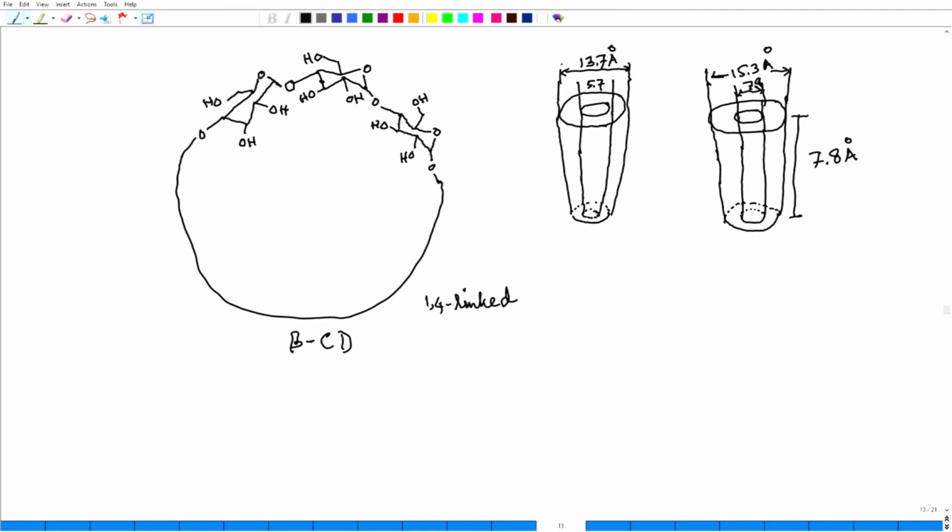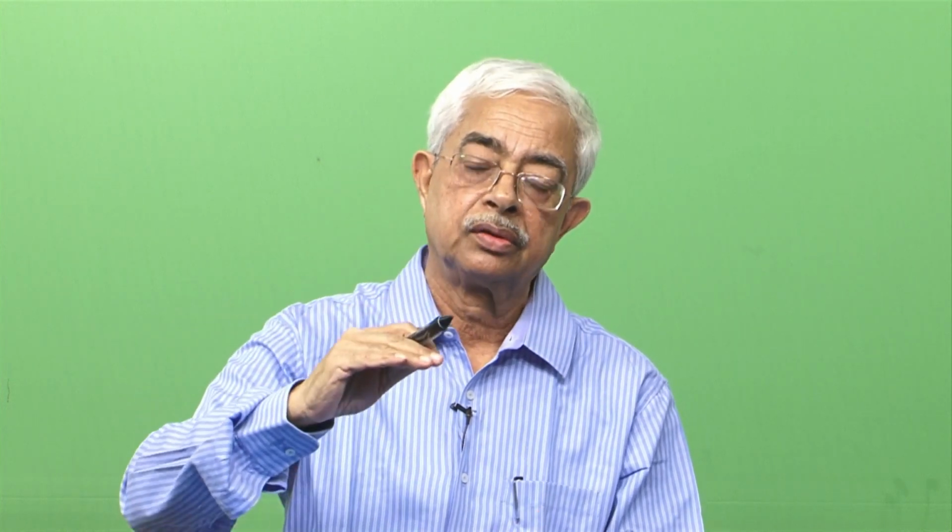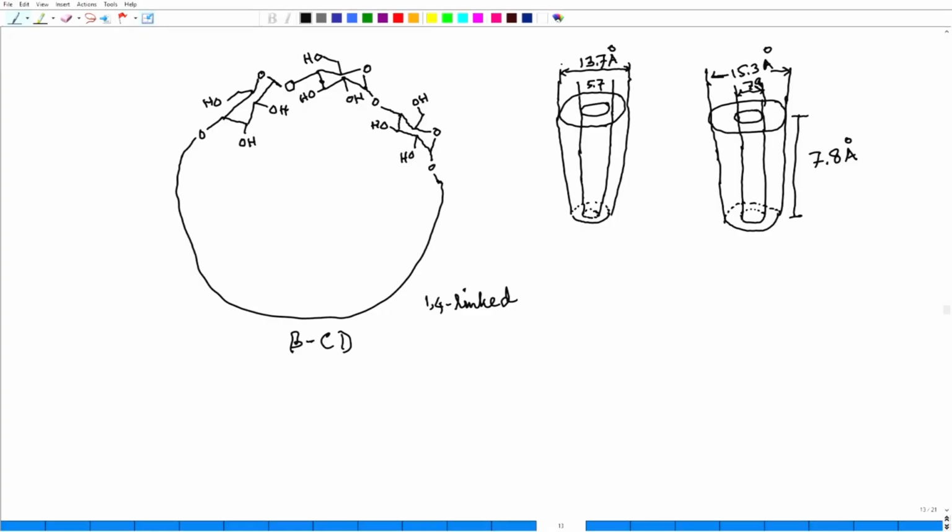Okay. So, maybe I make sure. All right. So, what happens? These molecules are cyclic and they are like a conical shape with open ended on both sides. And what is this side? This side has the primary hydroxyl group, that is CH2OH groups. And here are OH groups, they are outside.